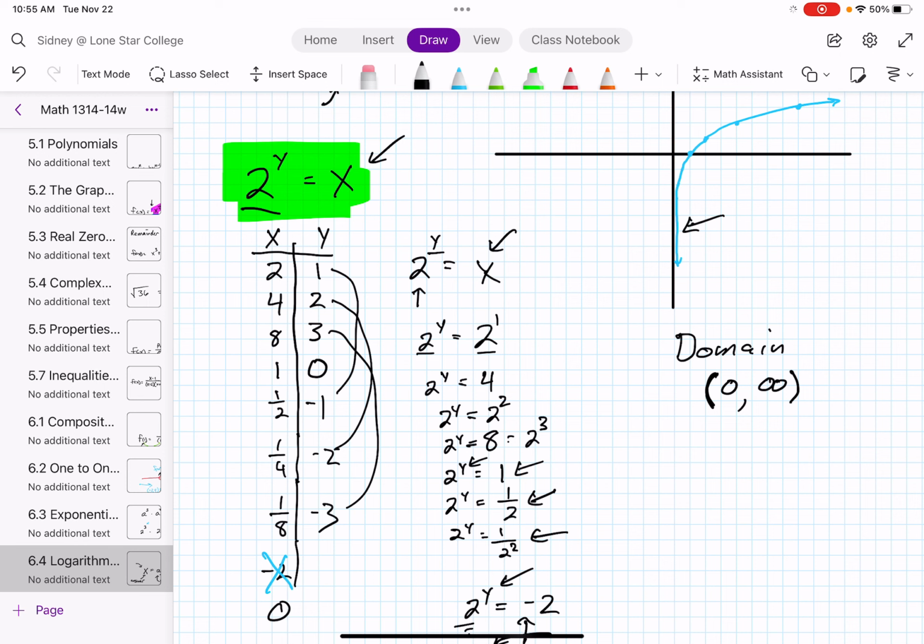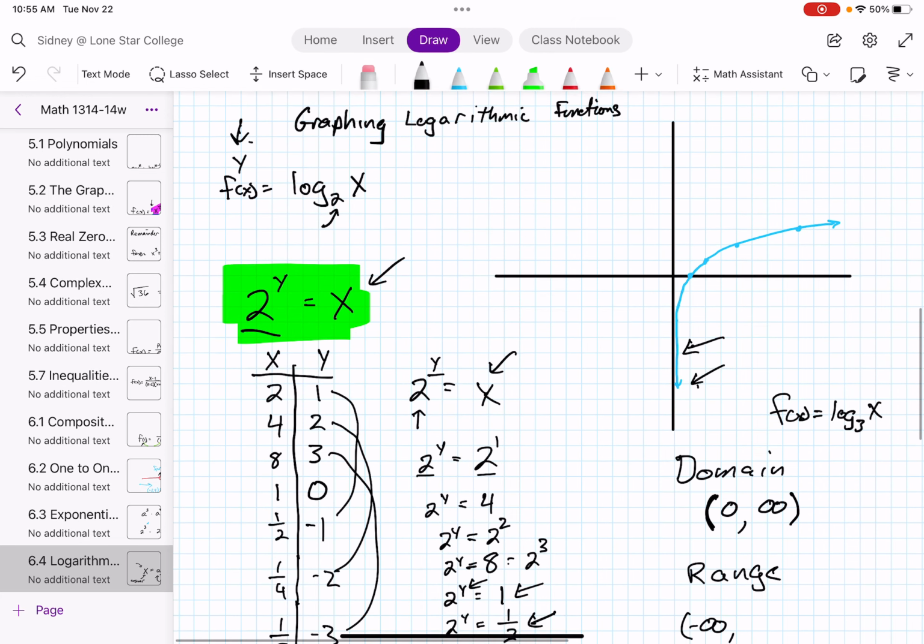The domain, and this is true not just for log base 2 of x, but if my function were log base 3 of x, or log base 4 of x, log base 5 of x, they're all going to take this same basic shape. The exact curve will vary slightly, but it will be the same shape. Now, when I look at range, this arrow right here is pointing down forever, so it goes down to negative infinity as it gets infinitely close to the y-axis.